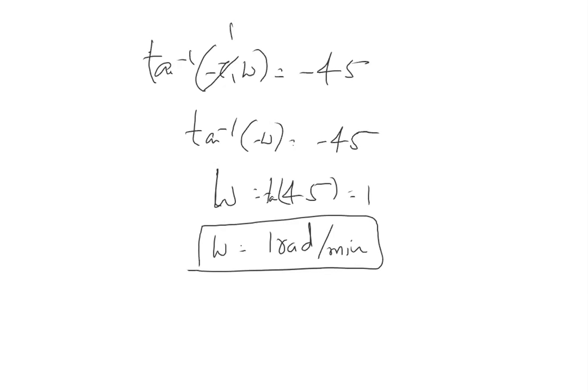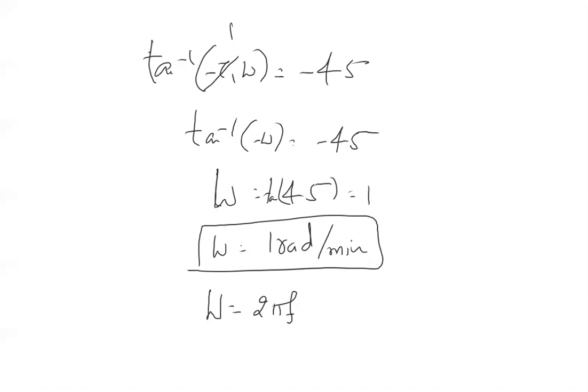Suppose in the question they give the answer in cycles per minute. Radian frequency can be in cycles also. Omega is equal to 2 pi f.